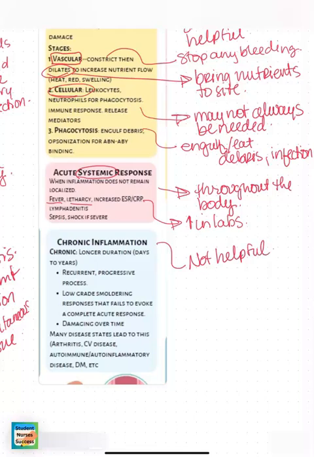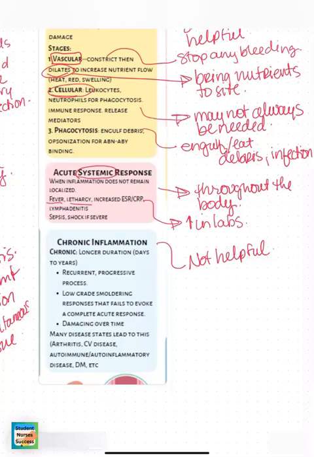With chronic inflammation, we're talking about longer duration, maybe even years. Okay, so it's not really going away. What we see is a recurrent and progressive process where maybe it exacerbates and remits, but it doesn't really go away. What we see is this low grade smoldering response that fails to evoke a really good acute immune response.